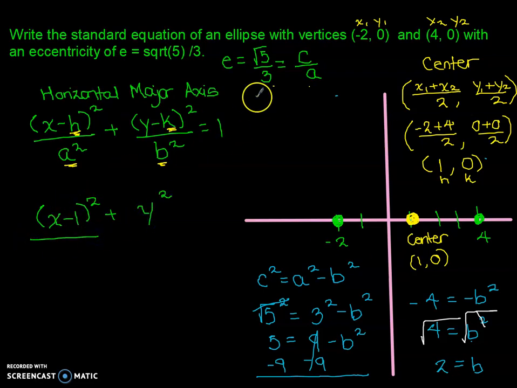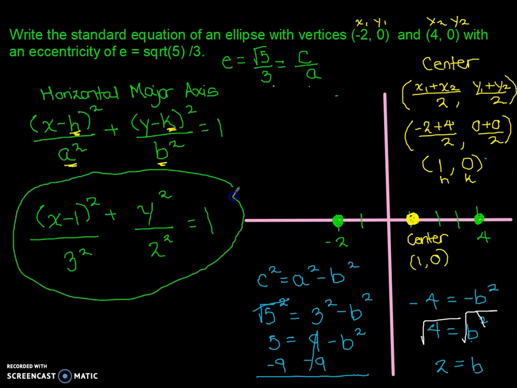You can square the values. I prefer to leave them this way, but you could rewrite this as 9 and 4. Either way that you see it is fine.